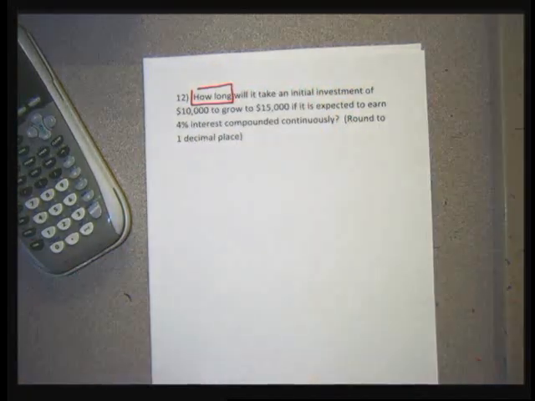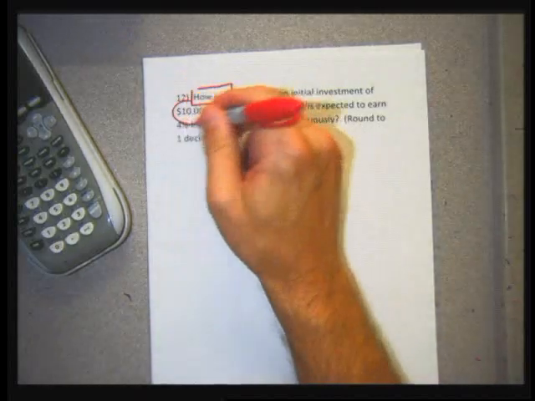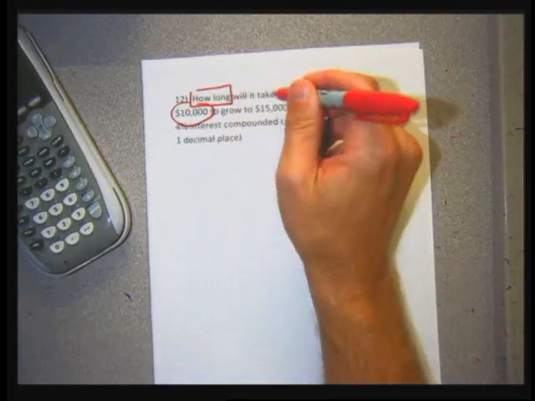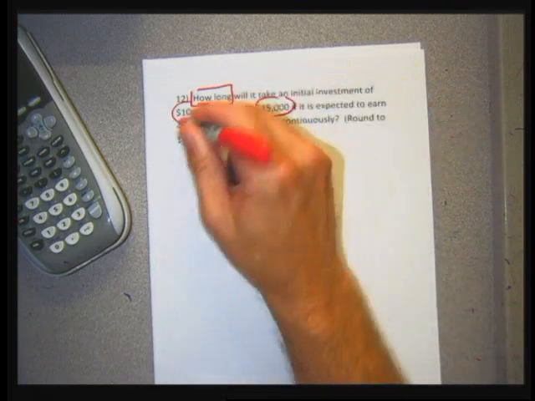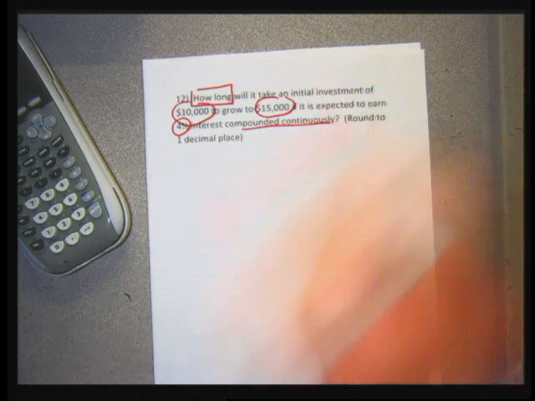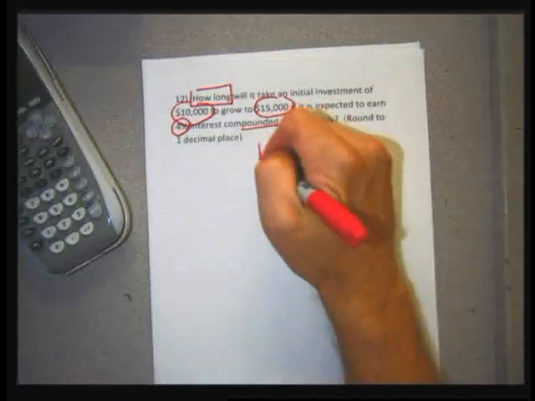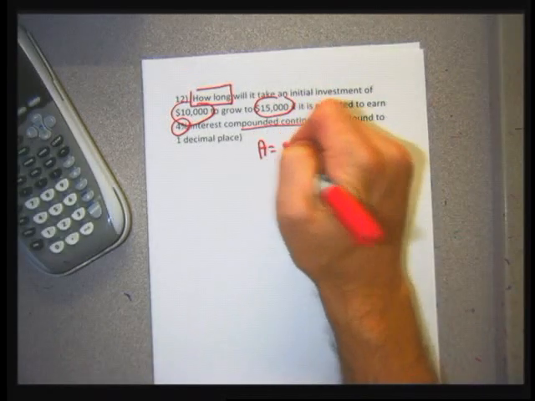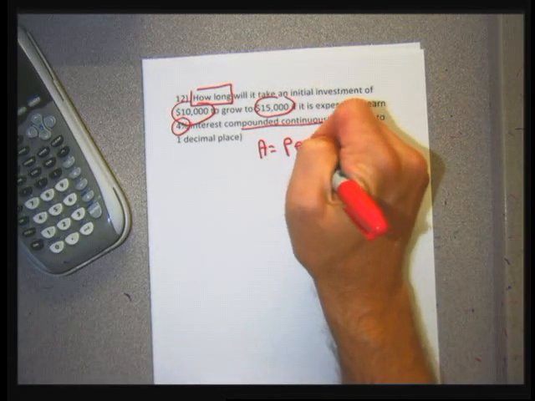As I read through the problem, I see a few numbers. I see $10,000, $15,000, 4%, and then compounded continuously. Again, the words compounded continuously tell me I'm using the formula A equals Pe to the rt.